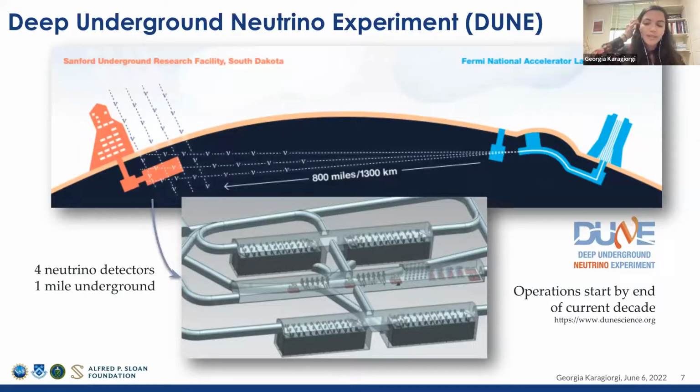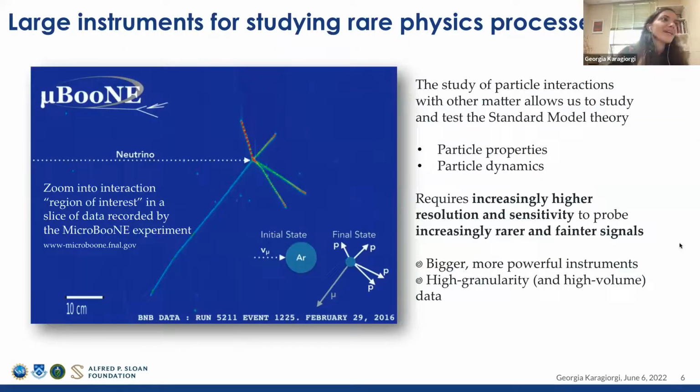So these pictures that I showed you in the previous slide are from a detector that recently completed its running, studying neutrino interactions. The size of this detector, and I show here a zoom-in version of what's happening inside it, is about the size of a school bus.